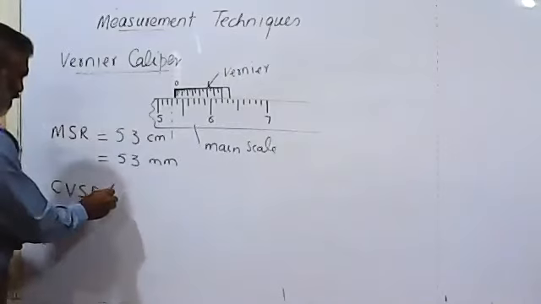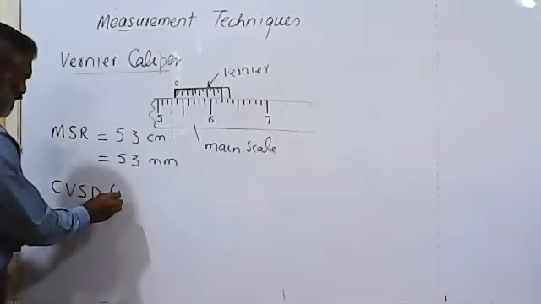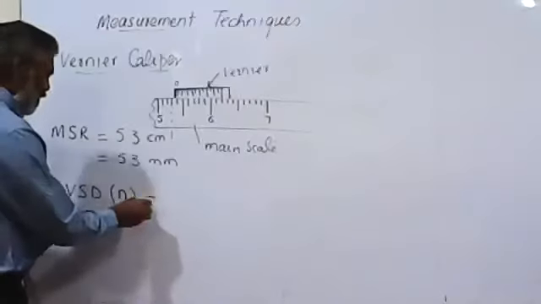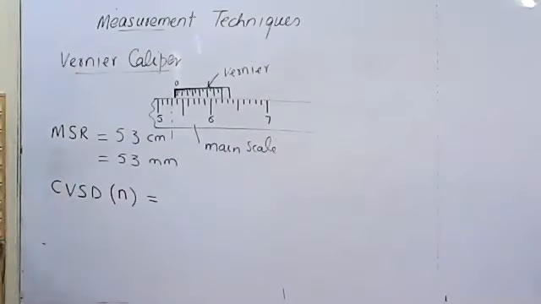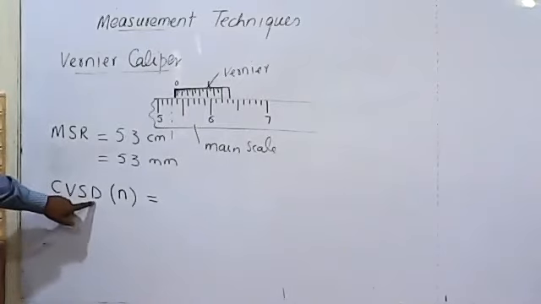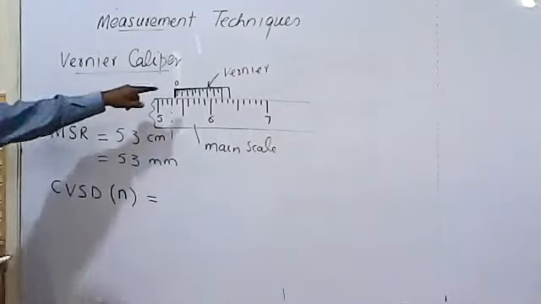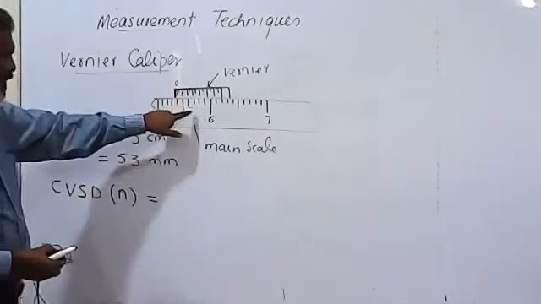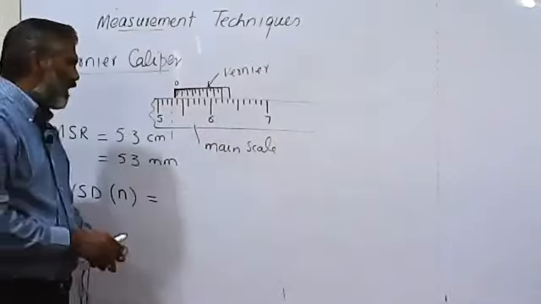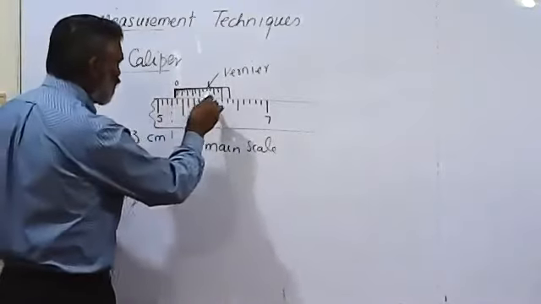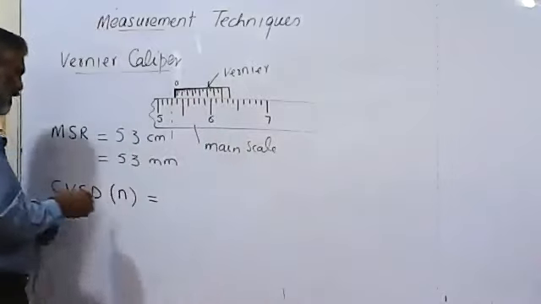For simplicity, it is denoted by N. I repeat, this is the coinciding vernier scale division. That means any one of the vernier scale divisions which is exactly coinciding with any one of the main scale readings. So we carefully see which of the vernier scale divisions is exactly coinciding.